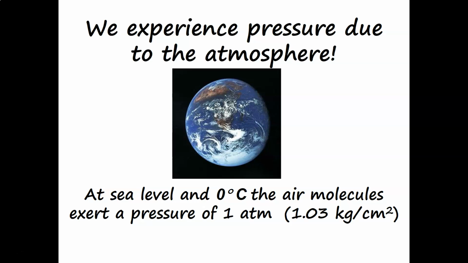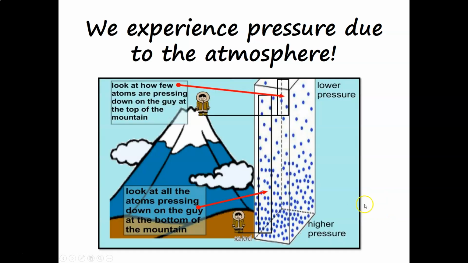So 1 atmosphere is that amount of pressure at sea level and 0 Celsius. If you change your temperature, the pressure you would experience would change. If you changed how high up you were, your elevation, that would change the pressure you experience as well. A very classic example of this is somebody at the bottom of a mountain and somebody at the top, like Mount Everest.